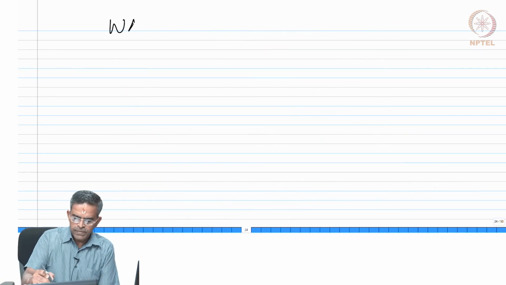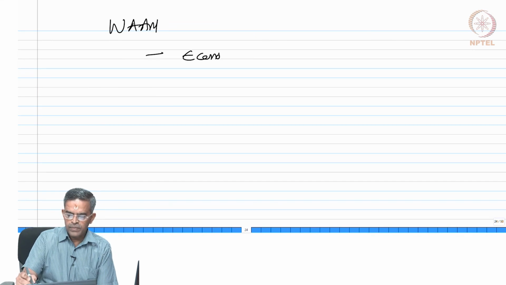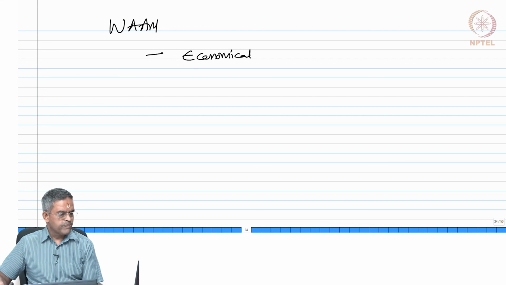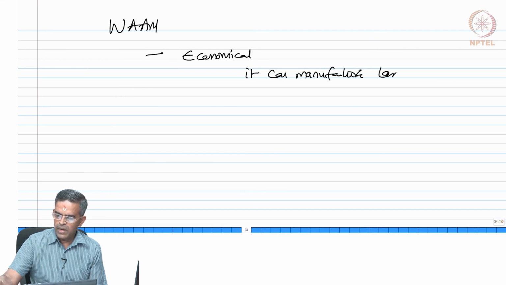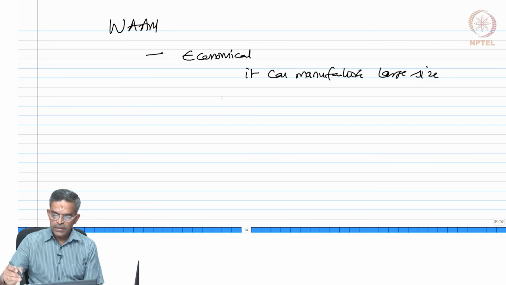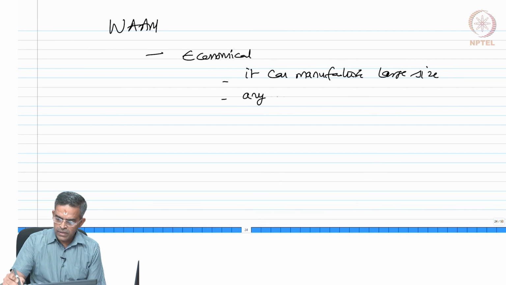WAAM is considered to be economical because it can manufacture large size. It can manufacture any geometric shape.